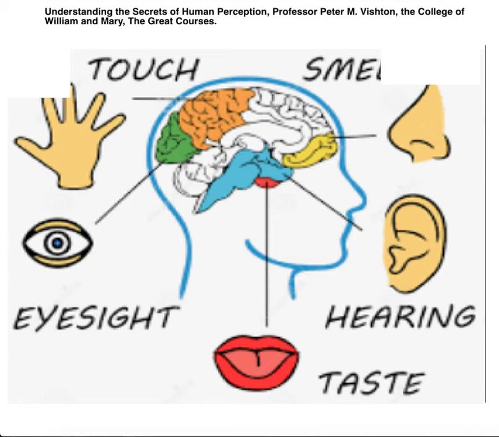What happens is our brain receives the electrical signals from our sensory neurons. It directs them to the appropriate areas of the brain for processing, processes the information, and then turns the information into what we perceive as the world or reality.